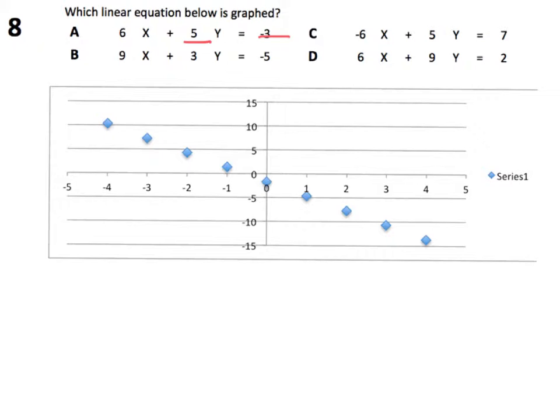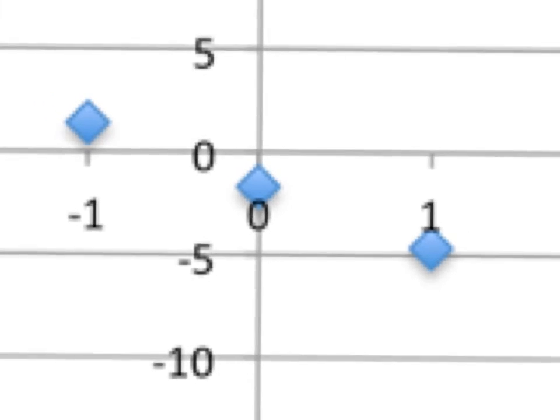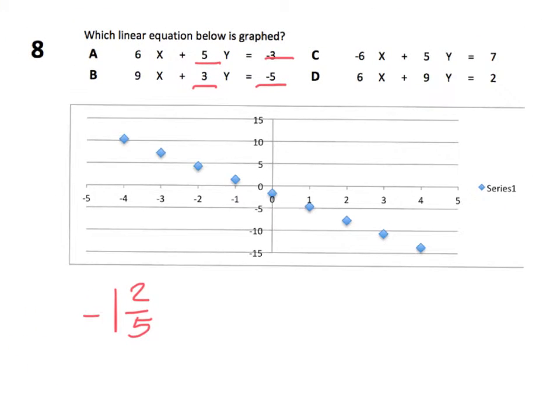What about -5 over 3? A -5 over 3 is a -1 2/5. Is it possible that this one is at -1 2/5? Remember, you're going between 0 and -5. Yeah, it looks to me like it's still possible.